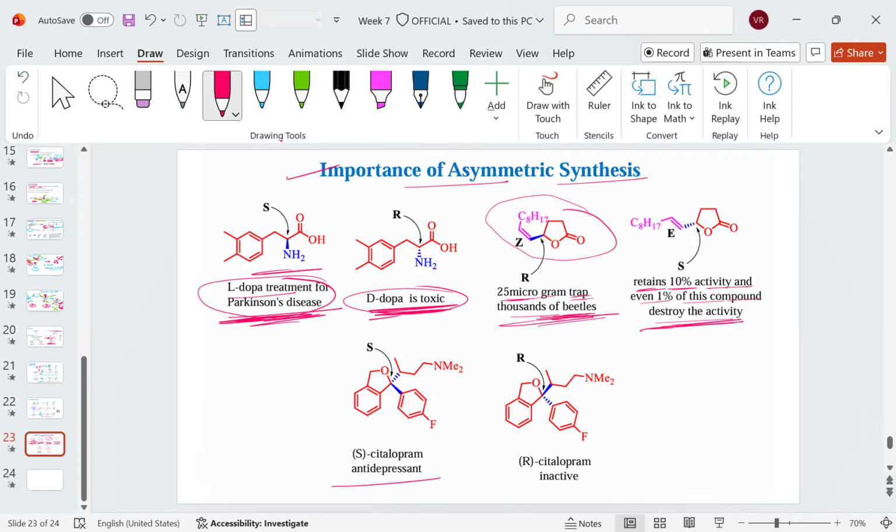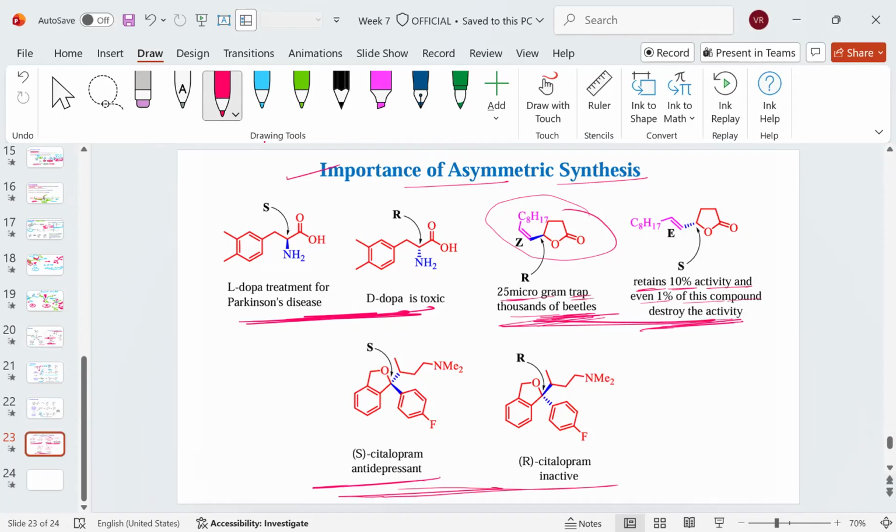Anyway, another example is an antidepressant medicine. Sometimes, whatever the enantiomer, it can be fatal, it can be toxic. Here they have some activity, but here they can be inactive.